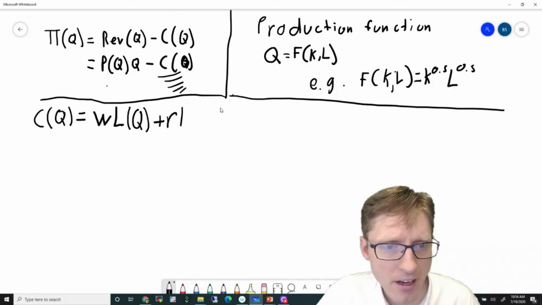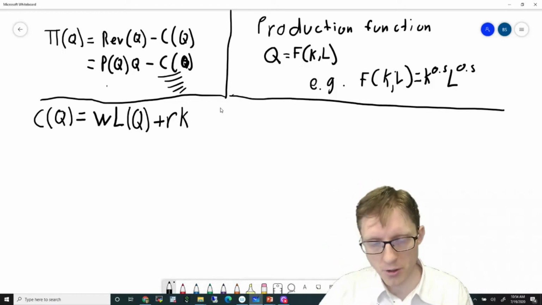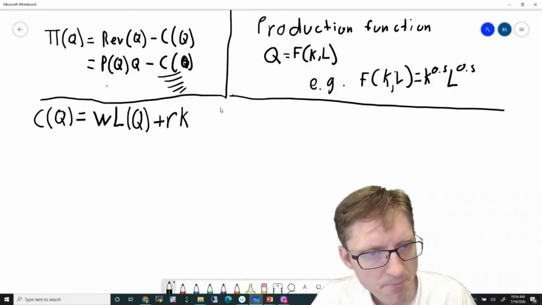And the amount of capital used is not, because that's going to be fixed in the short run.